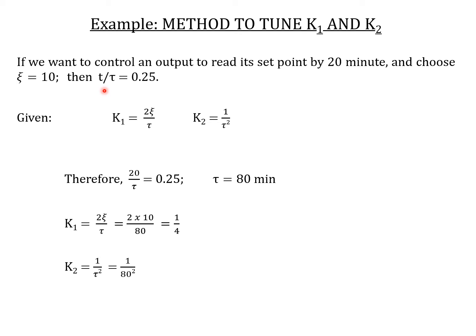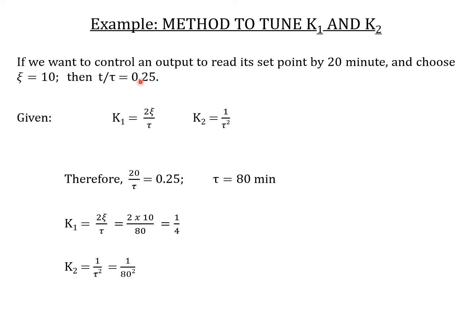So if 20 minutes over tau equals 0.25, we get tau equal to 80 minutes. If tau is 80 and we choose zeta 10, then 2 zeta over tau is 1 quarter, and K2 is 1 over tau squared, which is 1 over 80 squared. So this is how you get the formula.